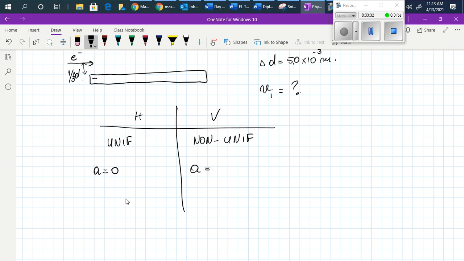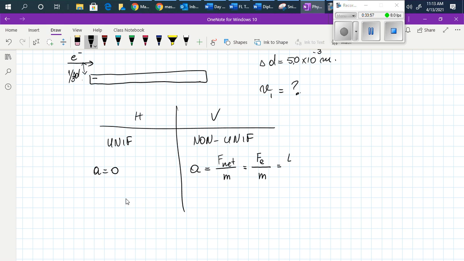Acceleration, and I will repeat the logic again, is based on the second law of Newton, force net over mass. Since the force of gravity is too small in comparison to the electric force, it is safe to say that force net is equal to electric force over mass.